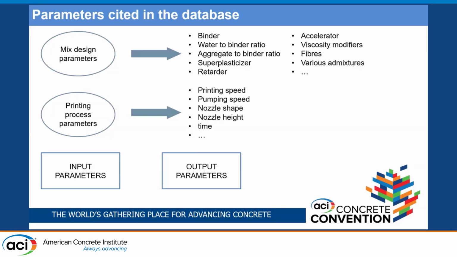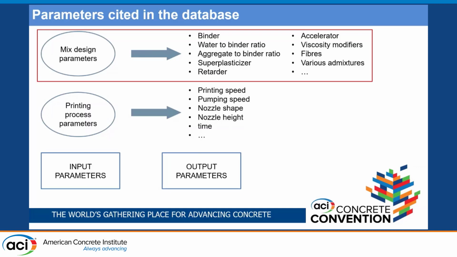The other parameters are very important for the printing, like printing speed, pumping speed, the geometry of the nozzle, and the time of the construction. Why are they so important? Because starting from a mix design but changing some printing process parameters, with the same mix design you may not be able to print the same material.